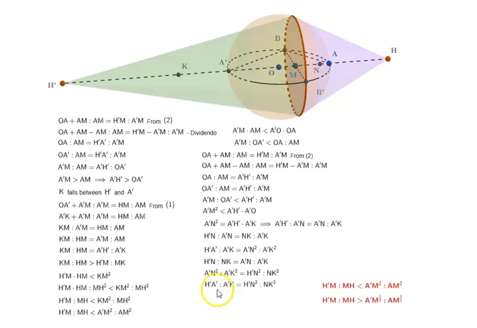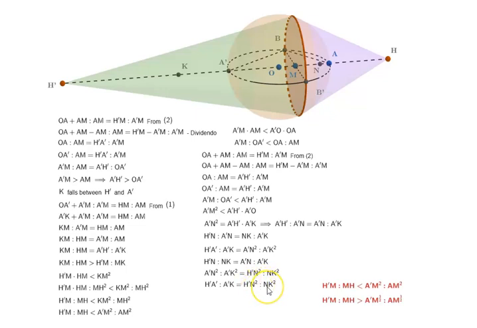Okay. Now H'A' is to A'k is equal to H'n square is to nk square, because here we have H'A' is to A'k is equal to A'n square is to A'k square, but A'n square is to A'k square is equal to H'n square is to nk square.